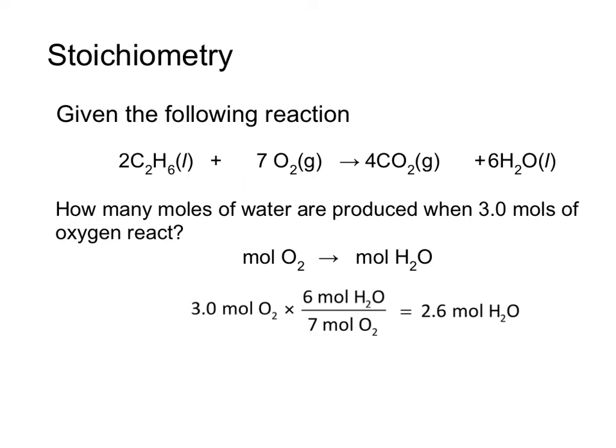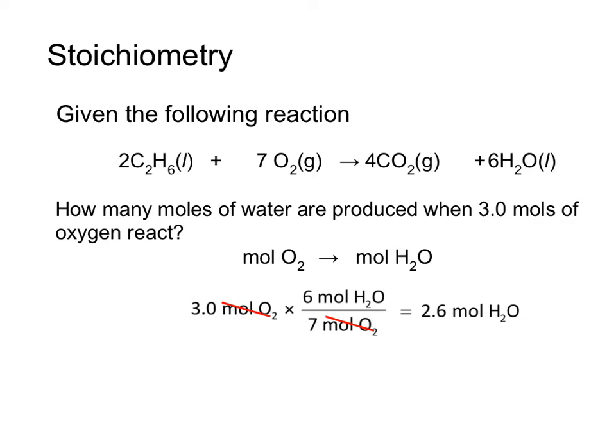And so that relationship becomes our conversion factor. If we start with 3 moles of O2, we set up our conversion factor like so. And we see that doing so, our moles of O2 cancel out. We perform the calculation, and we're left with 2.6 moles of H2O produced from 3 moles of oxygen.